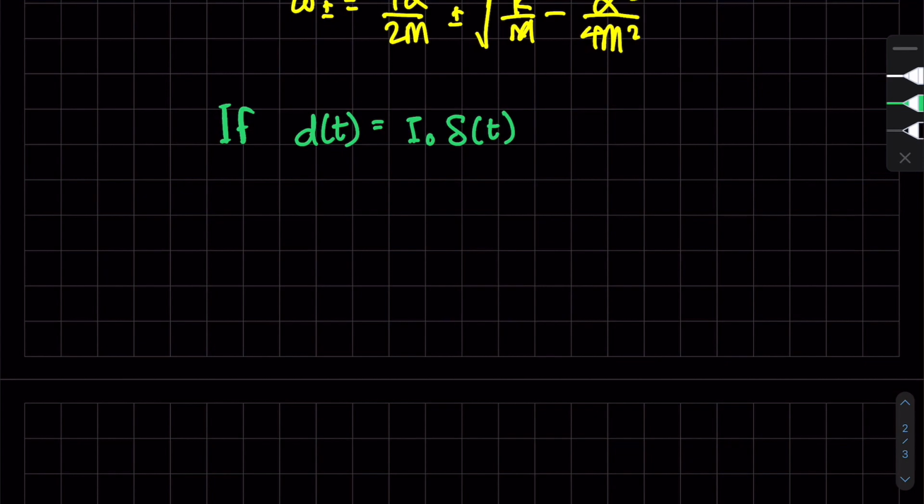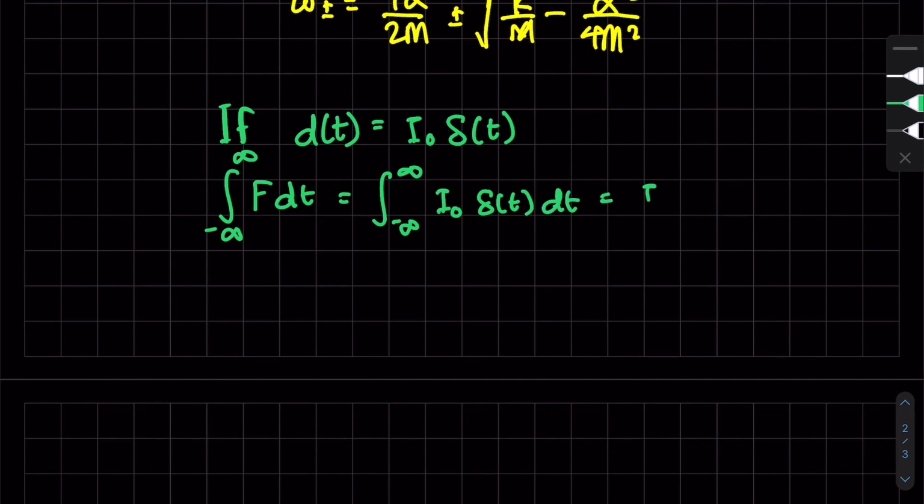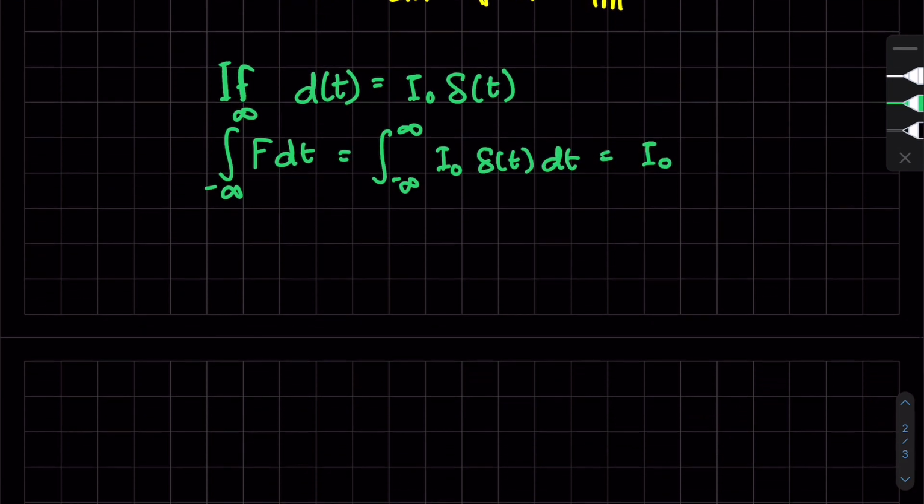So what if we integrate force over some time interval, say from minus infinity to infinity? In our case it's d of t. So we integrate I naught delta of t dt, and we get just I naught because it's the Dirac delta.